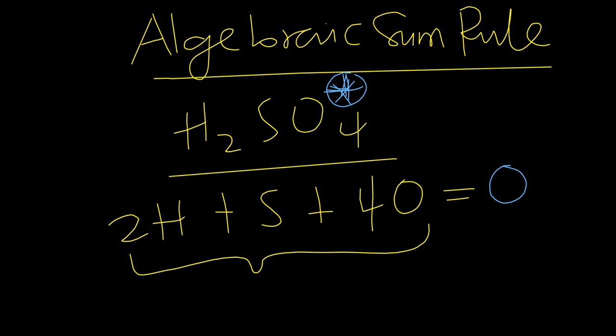And it states that the algebraic sum of the oxidation numbers of the individual atoms in this molecule would always be equal to the charge on that molecule. In the next episode, we'll be looking at this rule. It looks a little daunting, but don't worry, when we move on to the next video, you're going to appreciate the purpose of this rule.